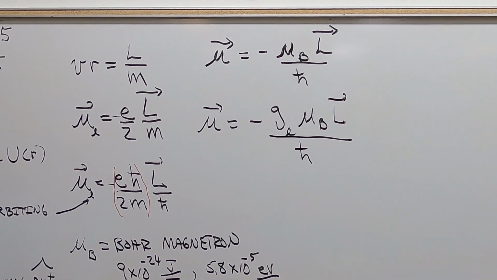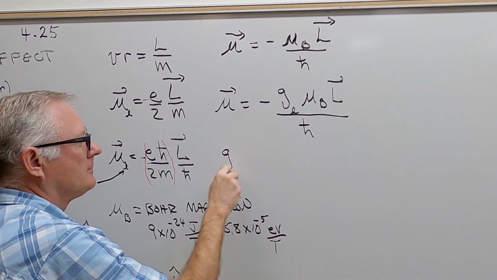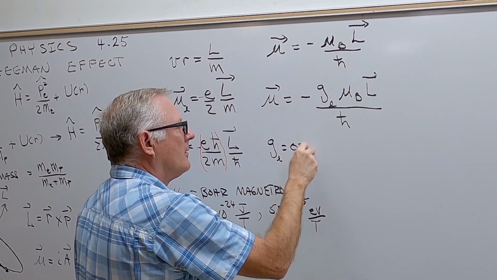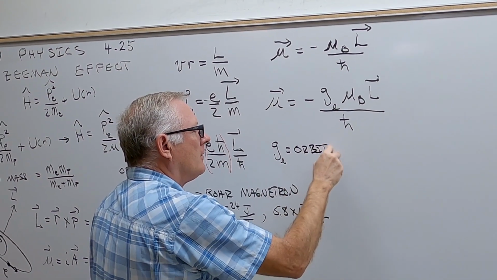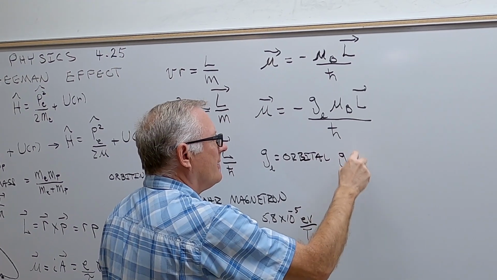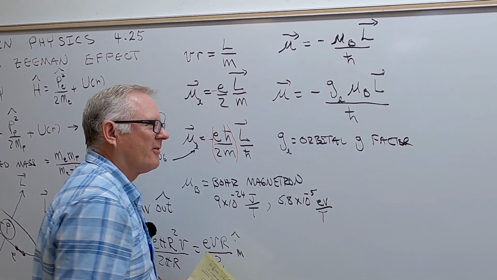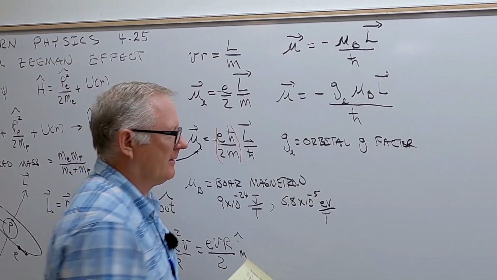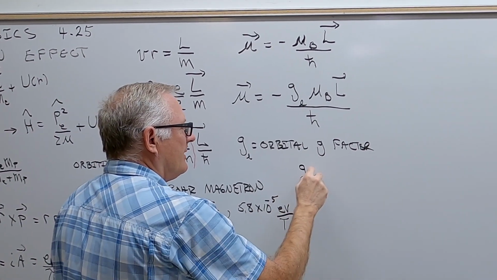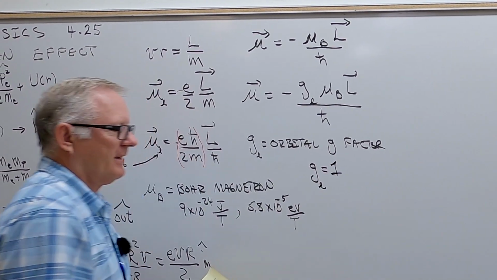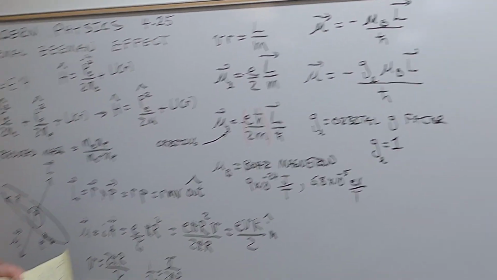Where g sub L, I'm going to call the orbital g factor. Now you say, how can you just throw in a factor? I can because it's 1. g sub L is just 1, so I can put it in there. It has no units, it's just a number.